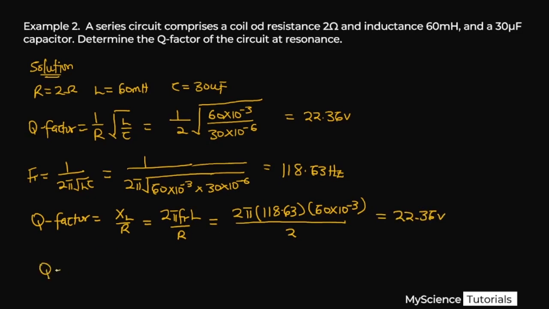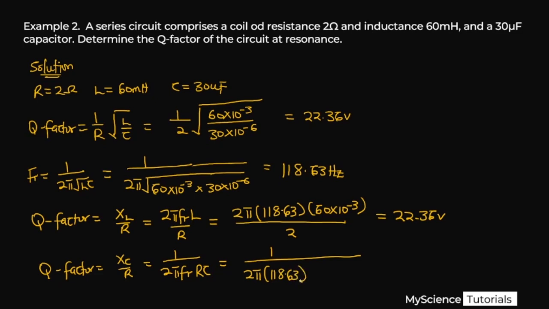Or we can say Q factor again is equal to XC over R, which is equal to 1 over 2 pi resonance frequency RC, and this is equal to 1 over 2 pi multiplied by 118.63, which is the resonance frequency, multiplied by our resistance, which is 2, multiplied by our capacitance, which is 30 times 10 raised to the power minus 6.